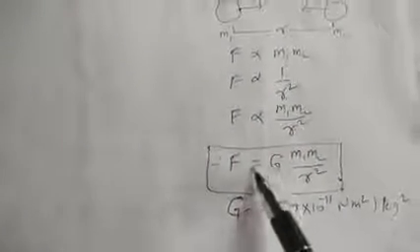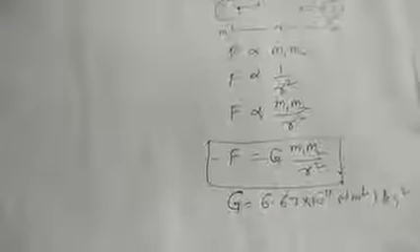It is called the universal gravitational constant and its value is 6.67 into 10 raised to minus 11 Newton meter square per kilogram square. So we will use this formula of F to derive the expression for g.